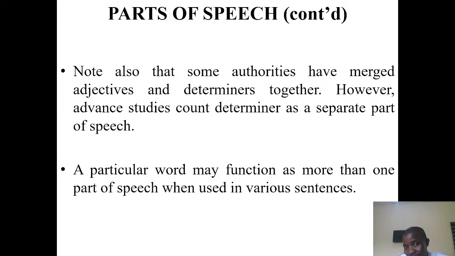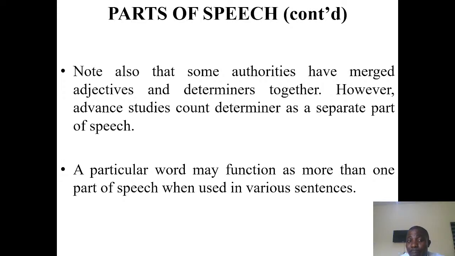But another word class can still occupy the position of a noun. Another word class can still occupy the position of a verb. Another word class can still be used as an adjective, in as much as it is modifying a noun. The same is applicable to an adverb.